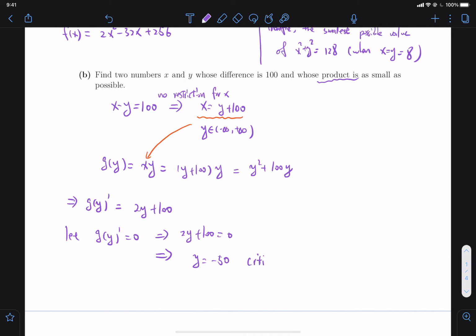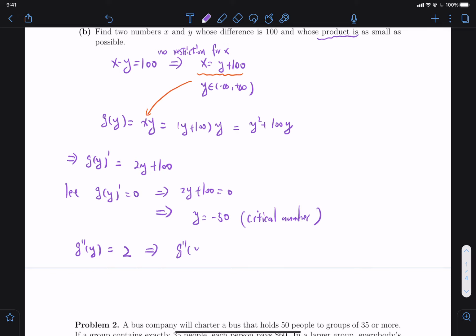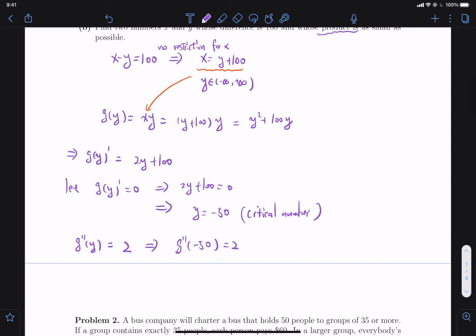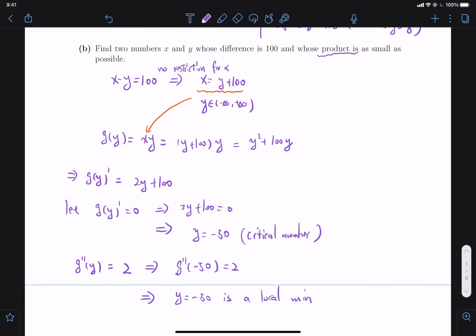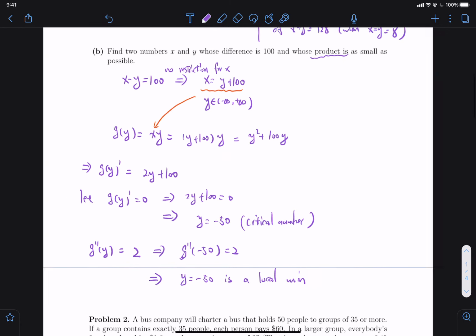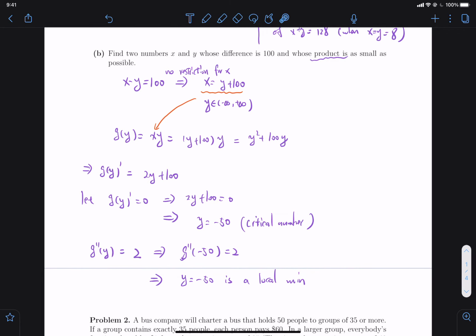So the second derivative at negative 50 is equal to 2, which tells you that y equal to negative 50 is a local min. A local min gives you the smallest possible value.